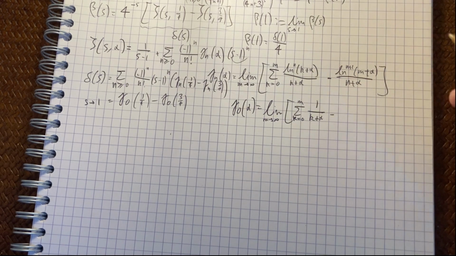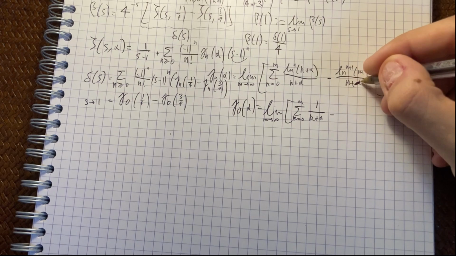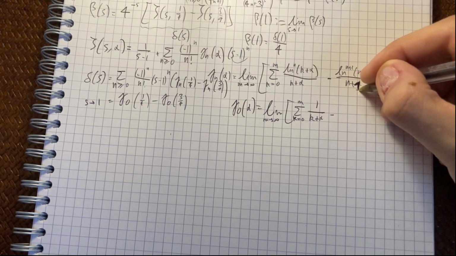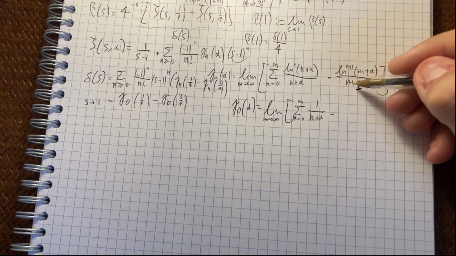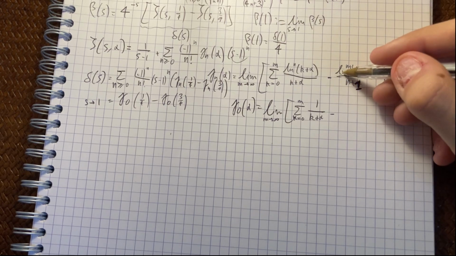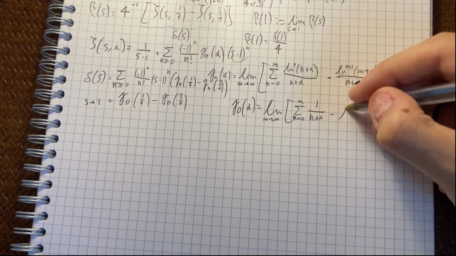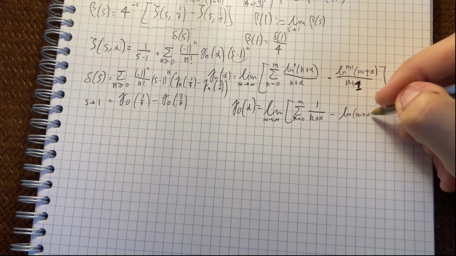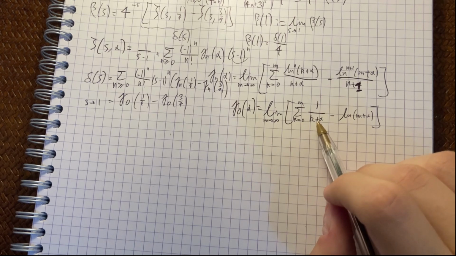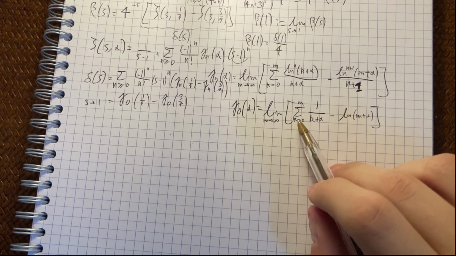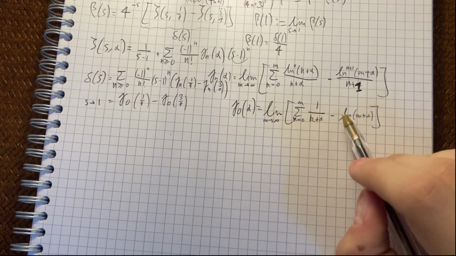I missed something, sorry. Here it is not alpha in the denominator, it is 1. Much better. So here n plus 1 equals only 1, and you have log of m plus alpha. When we see this, we see the difference of a harmonic series and a logarithm.